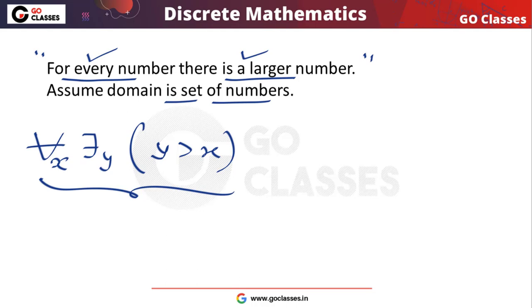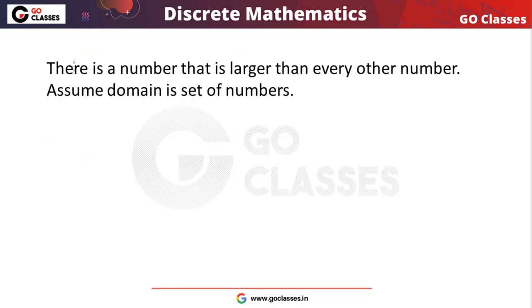Let's see the next example. There is a number that is larger than every other number, and the domain is the set of all numbers.